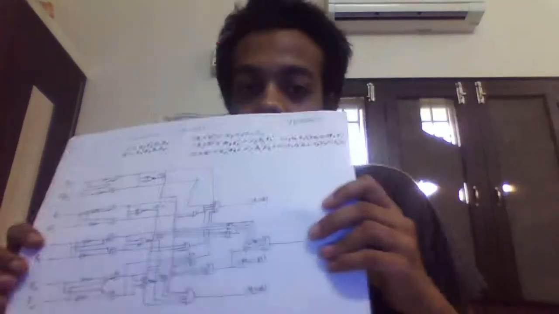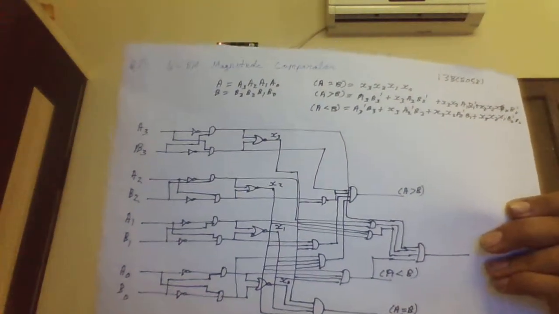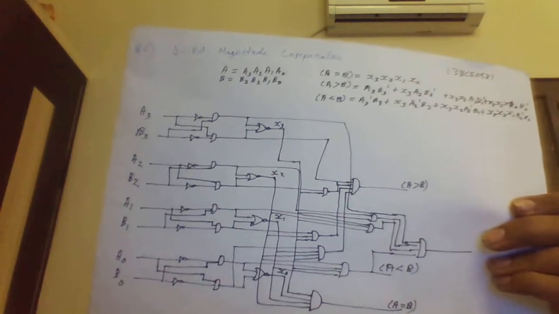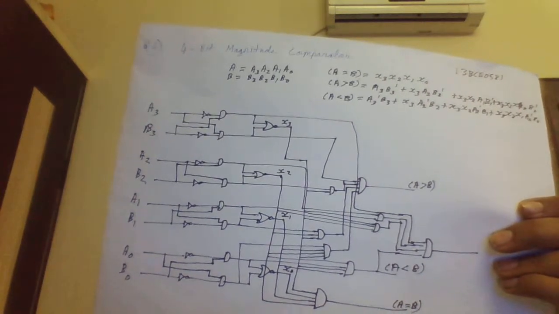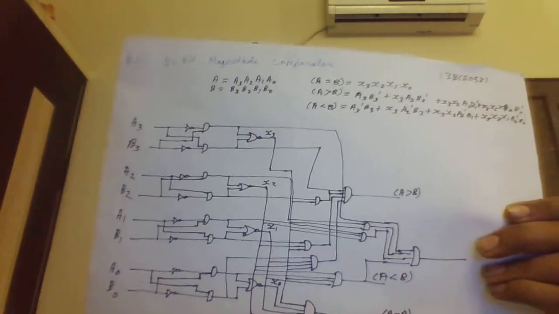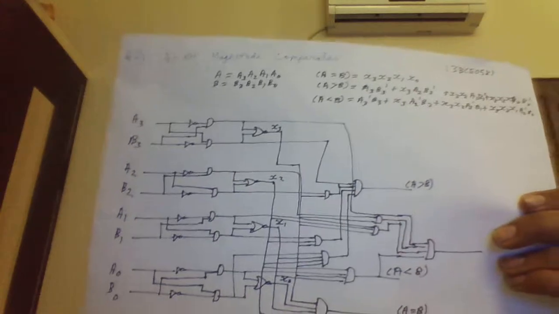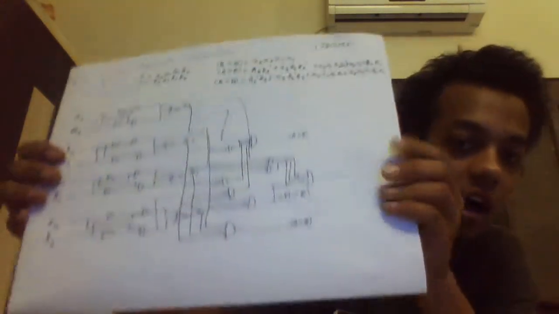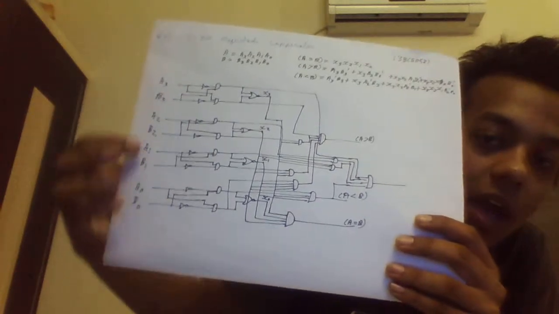Now, as you can see here, the inputs here are A3, A2, A1, A0 and B3, B2, B1, B0.